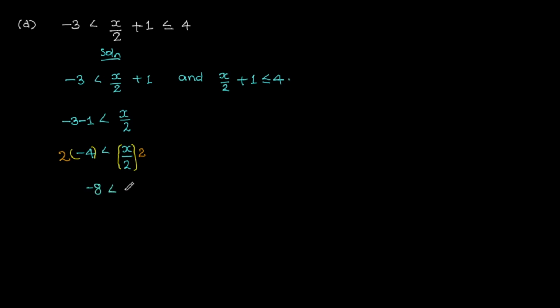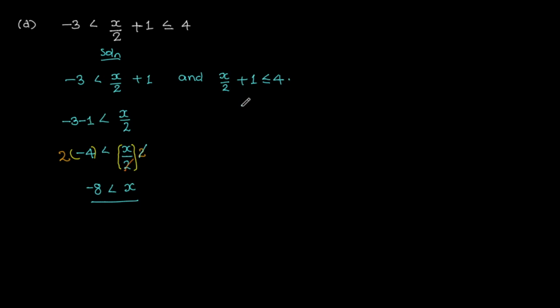This must be less than... Now here this will vanish, and also what we have here at the denominator will also vanish. So we're left here with x, and that looks like the solution for our small inequality from the left. So let's also do the same to the right.